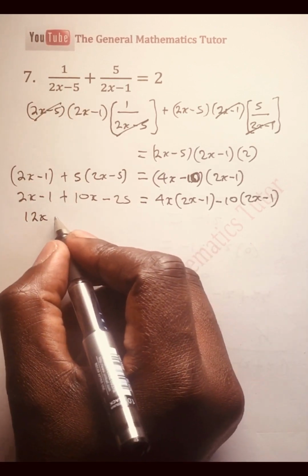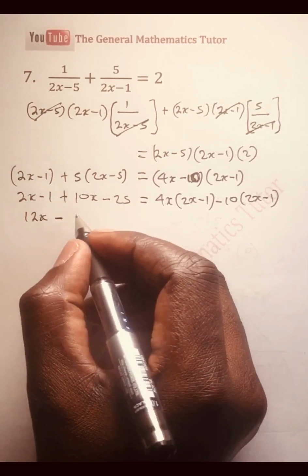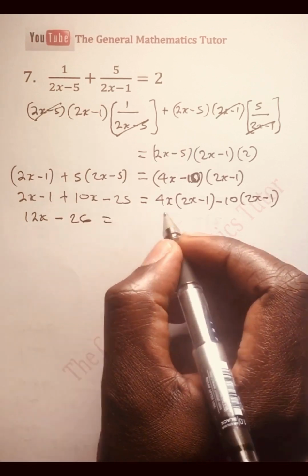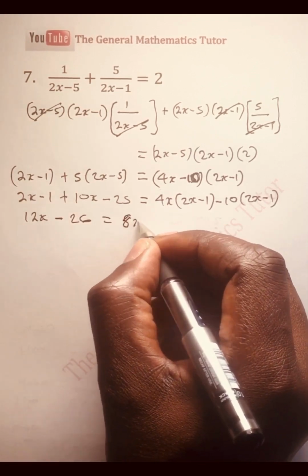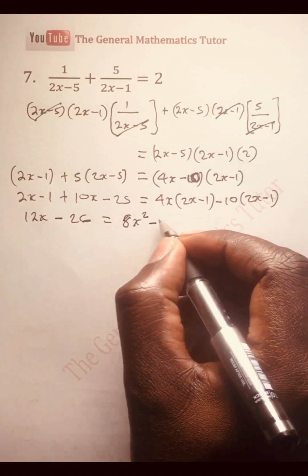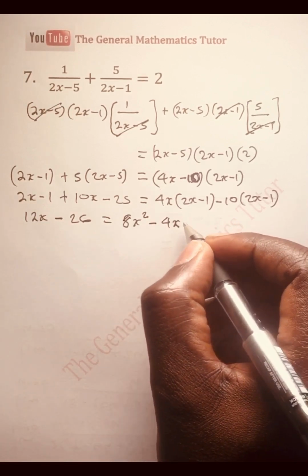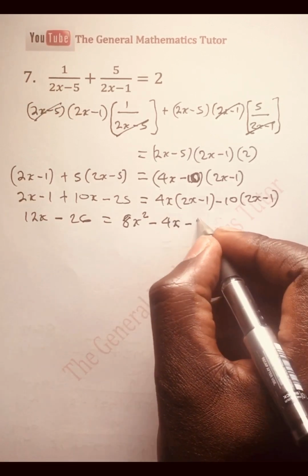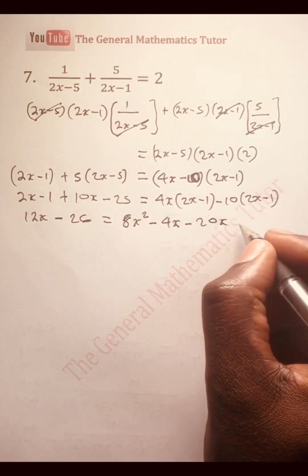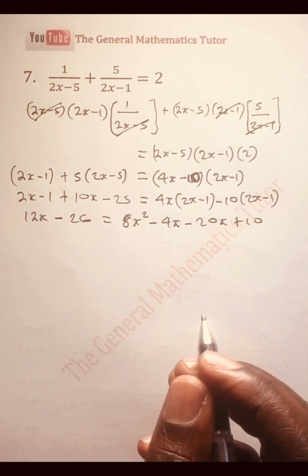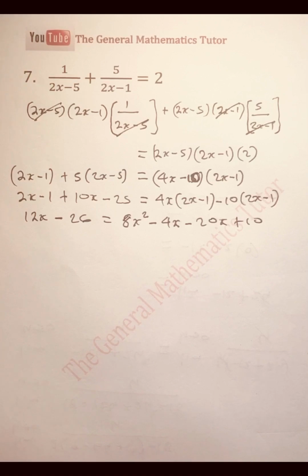Then we have minus 26 is equal to 8x squared minus 4x minus 20x plus 10. So you can bring all these terms to one side.